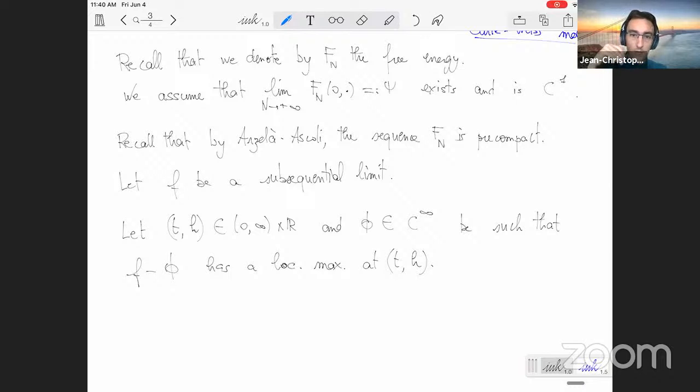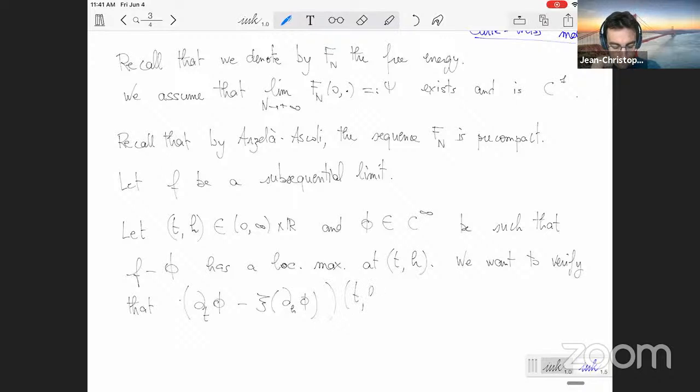Okay, so what I want to verify, the corollary is only stated in terms of phi, so I don't need to argue that f is differentiable at this point.